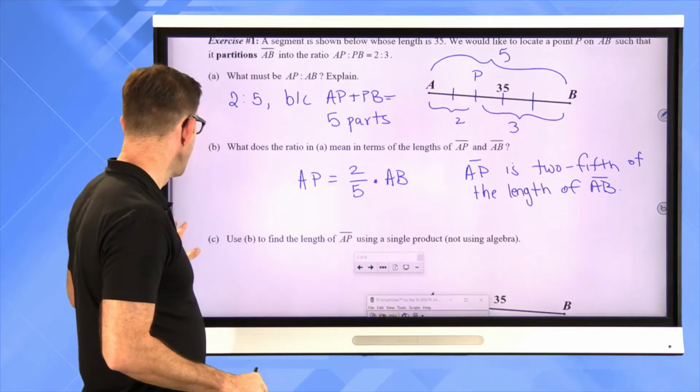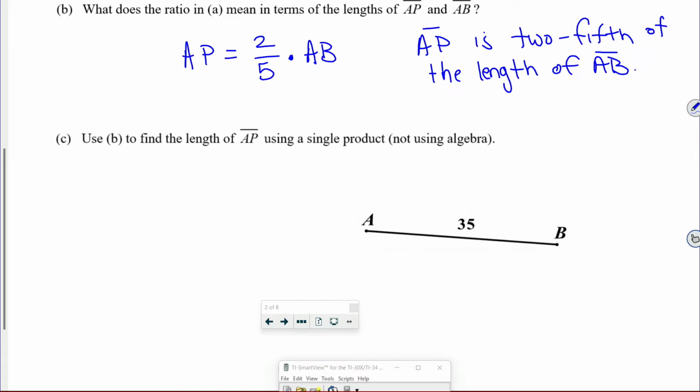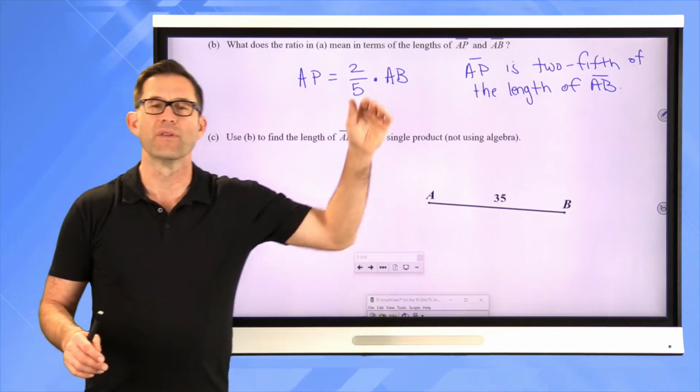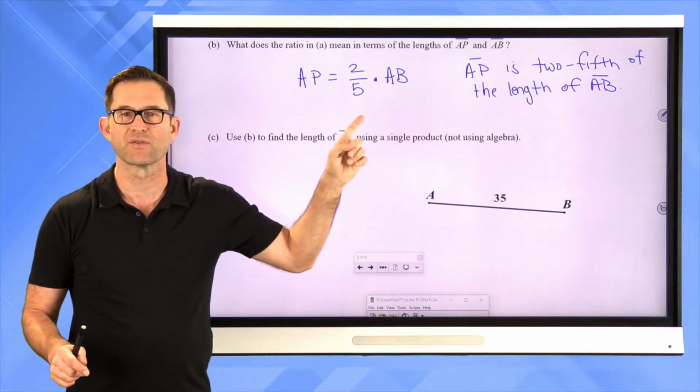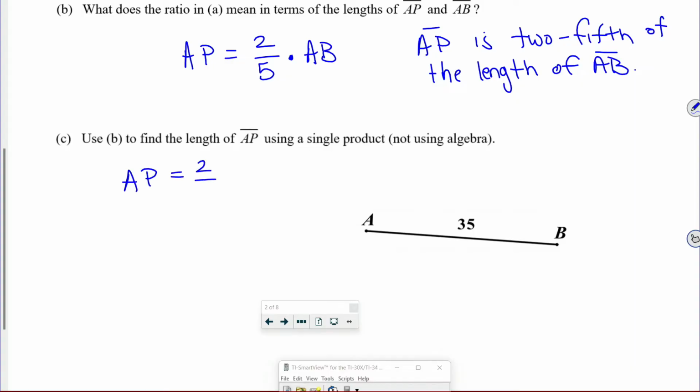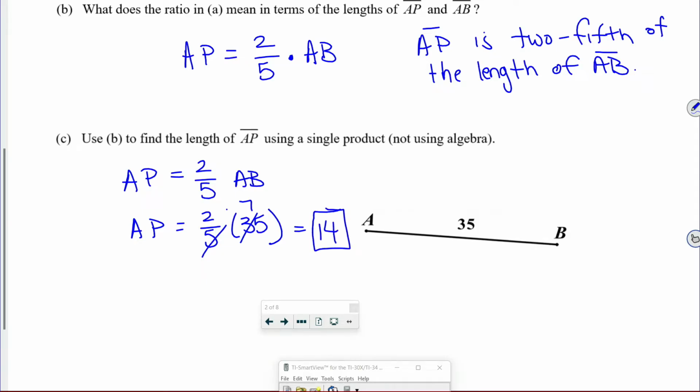Okay, and now, letter C, use B to find the length of AP using a single product, not using algebra. In other words, I don't want to do any AP divided by AB is equal to this divided by this. I just want to use this, right? The plain fact is AP must be 2/5 of the length of AB, so AP must be 2/5 times 35, and if you want, you could just do this kind of cross cancellation, and I will get that AP is 14, right?